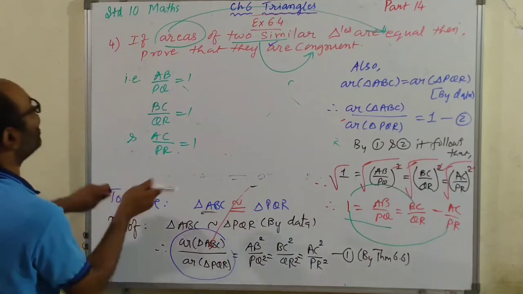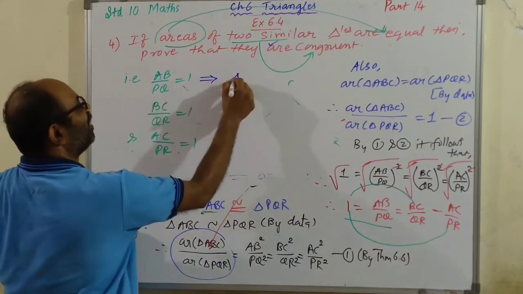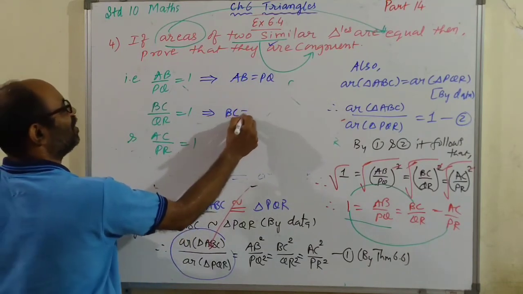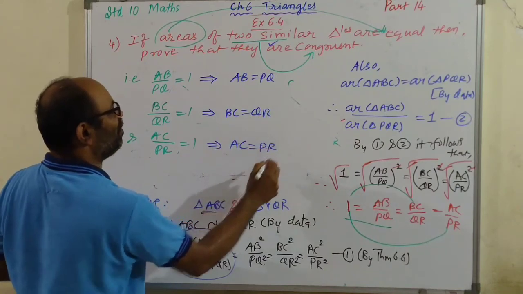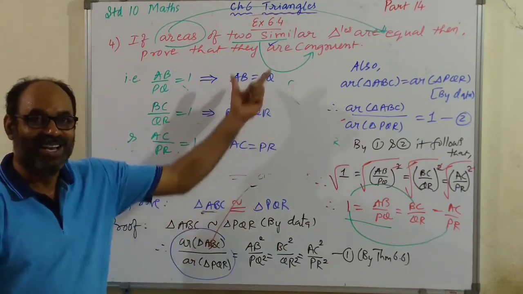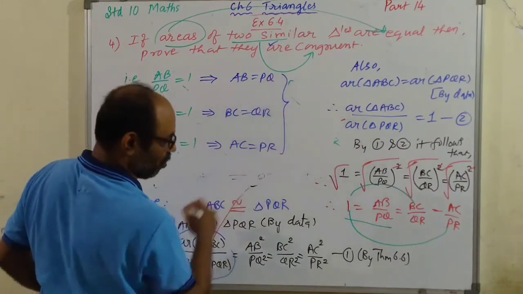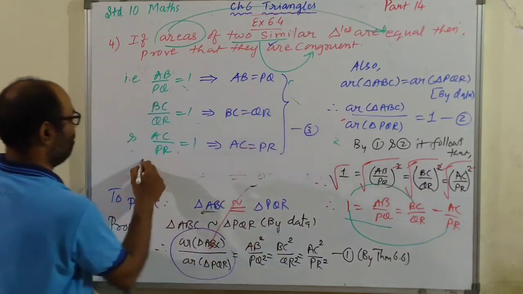This implies, taking PQ to the other side, AB is equal to PQ. This implies BC equal to QR, and this implies AC equal to PR. Hey, you got equal sides. All right, and this I'm going to call result number 3.